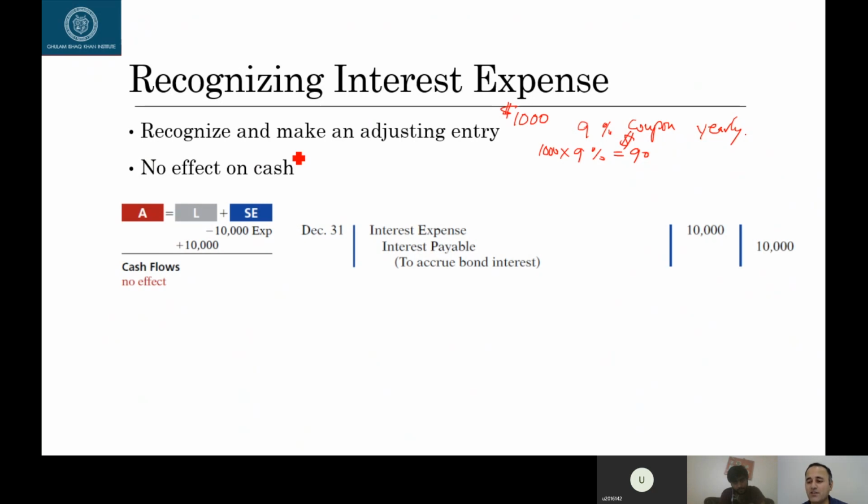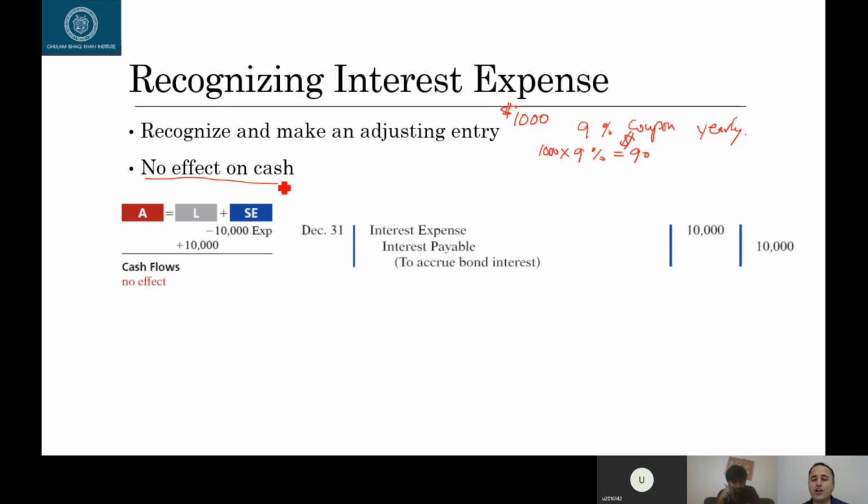After utilizing the money for 1 year, the company has to recognize the expense in their books. Yes or no, Junaid? It's like an adjusting entry, remember? The kind of entry that we make, for example, for depreciation or unearned revenues. So you have to recognize and make an adjusting entry for the interest expense.